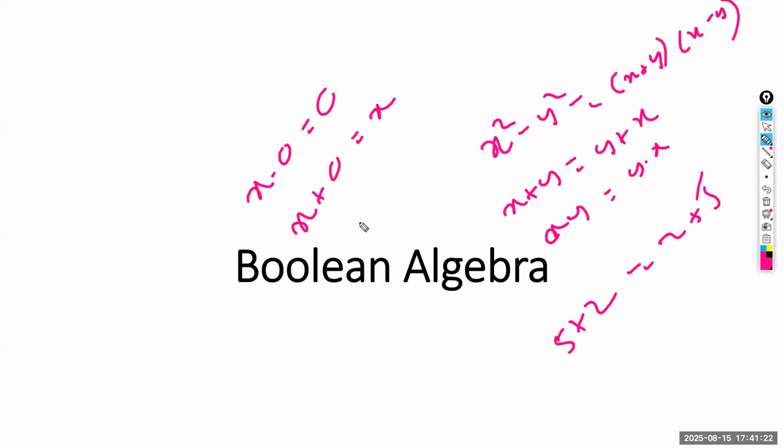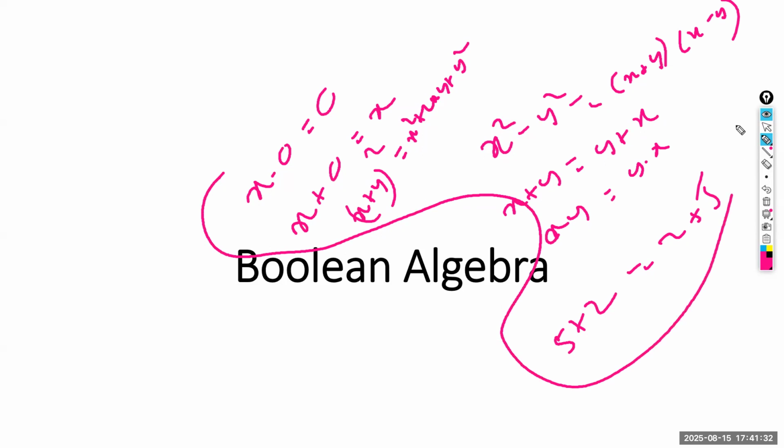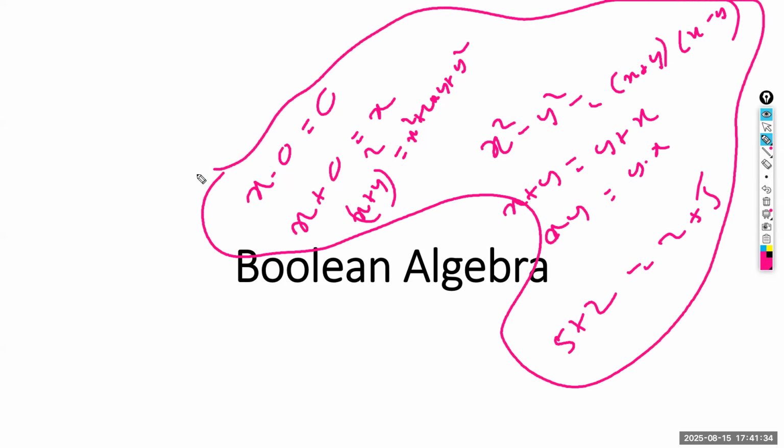And there are some more, right? (x plus y) squared is x squared plus 2xy plus y squared. So similarly, in Boolean logic, we have this kind of rules or axioms. Axioms means obviously true. You don't need to even prove it. How do you prove it? You think about it and you will find that yes. Can you prove that x plus y is y plus x?